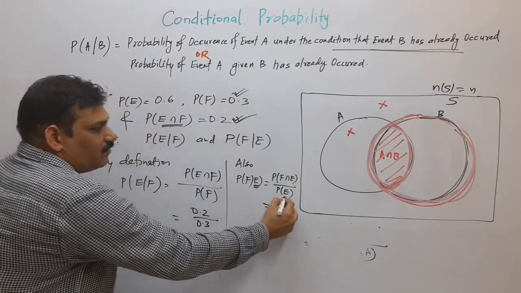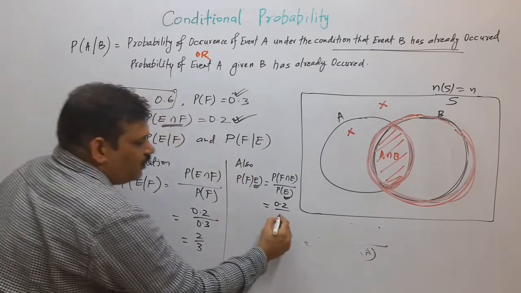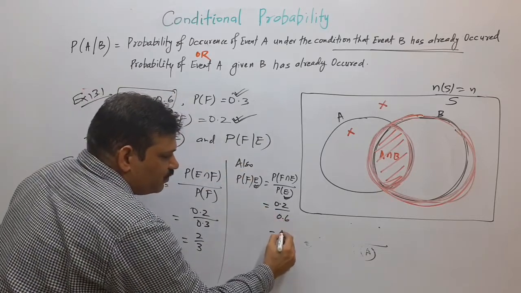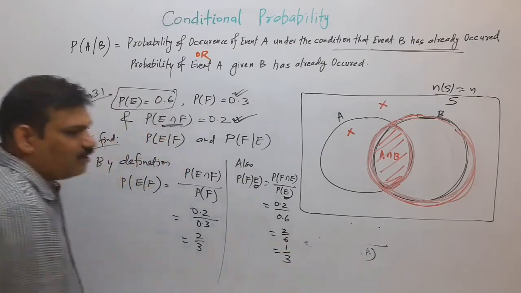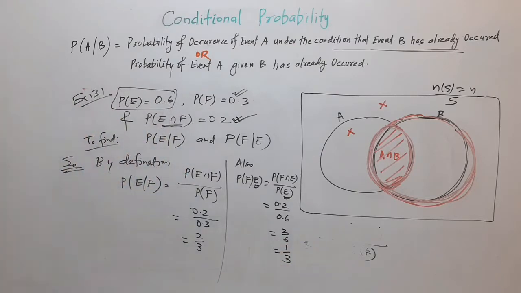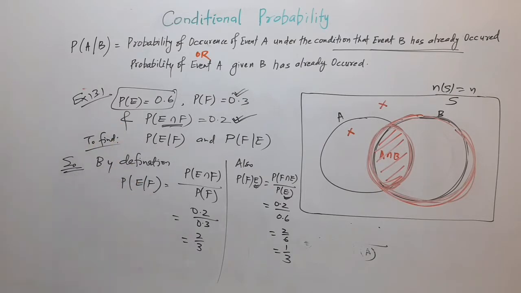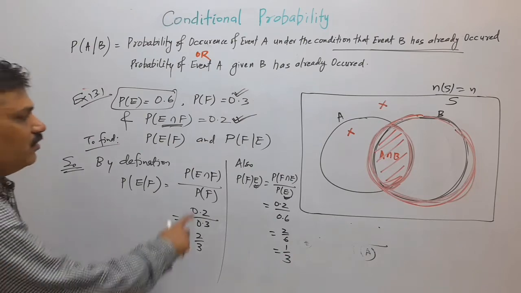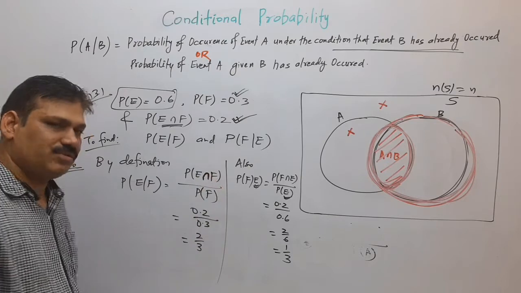This time we divide it by the probability of E, that is 0.6. 0.2 upon 0.6 is 2 by 6, that is 1 by 3. So this is how we can find the conditional probability of one event given that the other event has already occurred, if we know the probability of both happening together.